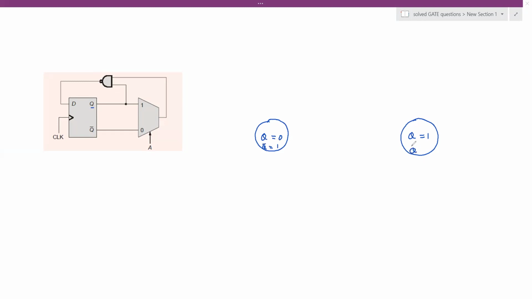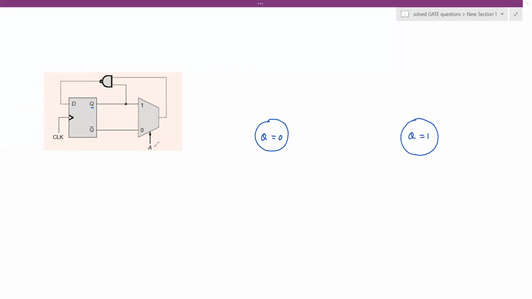And here Q bar is equal to 0 because we assume so, they are the complementary outputs. Okay, so let me just limit our discussion by observing the changes in the main output, and we will assume that we can then derive the complementary output as well.